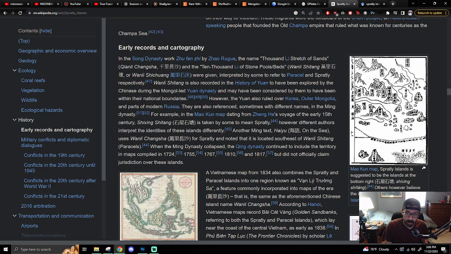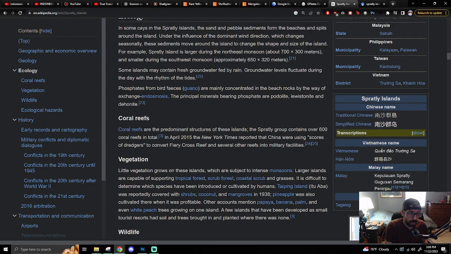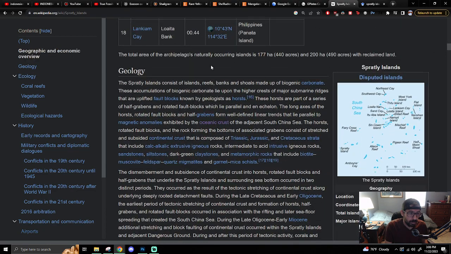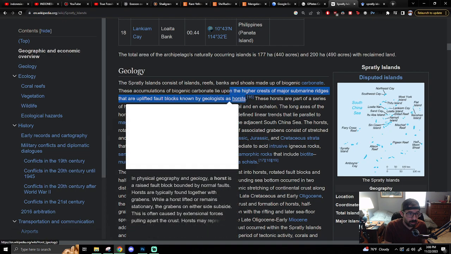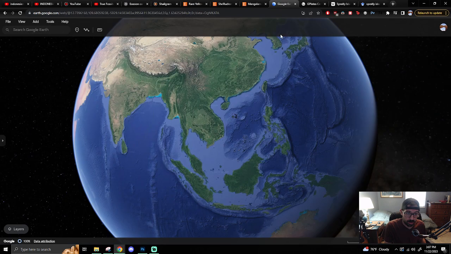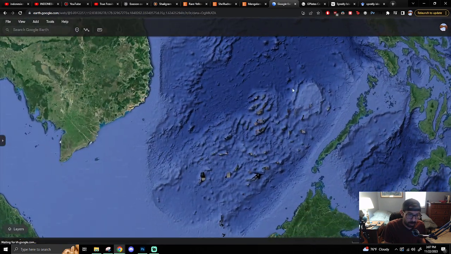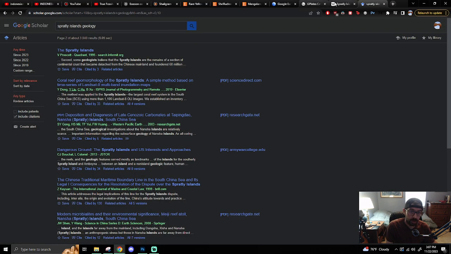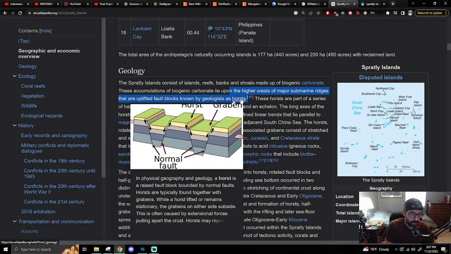Wikipedia describes the geology somewhere. Okay, so it has, of this region as a whole, horsts, which are these things, and grabens, half grabens.